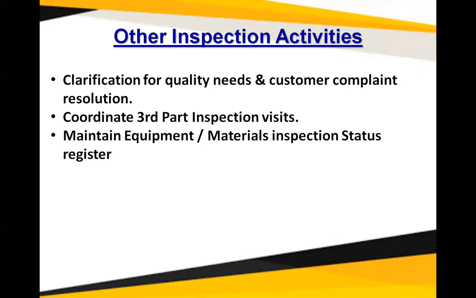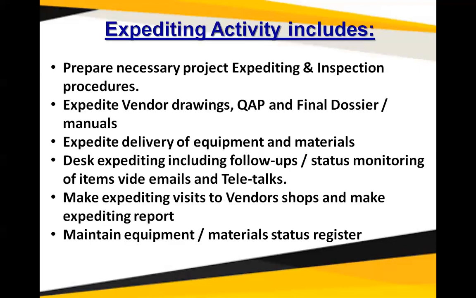He has to inform the client that these equipments are at these stages, this part of the inspection activities is completed, and these equipments are at the final stage. That status he has to give to the customer. If the client has placed an order for 1,000 pipe fittings, and only 200 fittings are cleared and dispatched, that status he has to maintain. This is part of the inspection activities.